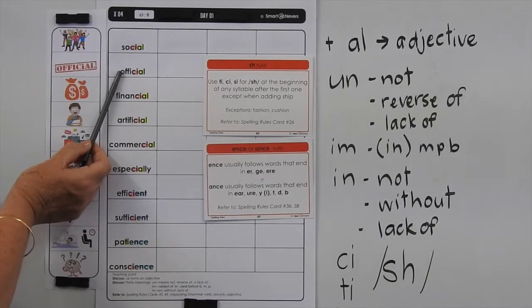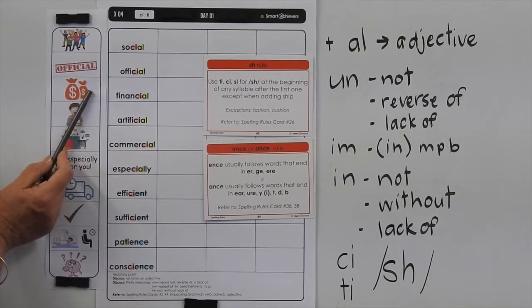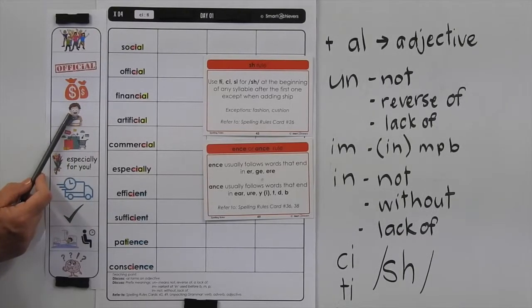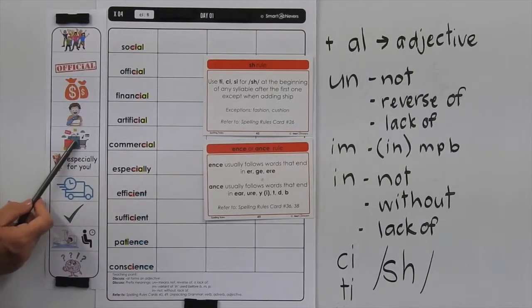It can also mean having the approval of an authority or a public body, and it can also mean employed by an authority or public body in a position of authority. Financial is relating to money or possessing money, or the money situation of an organisation or person. Artificial means synthetic. Commercial means concerned with or engaged in commerce. And it can also mean making or intended to make a profit.